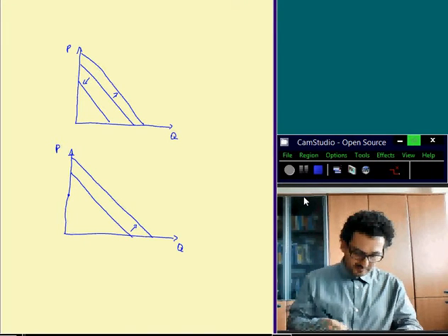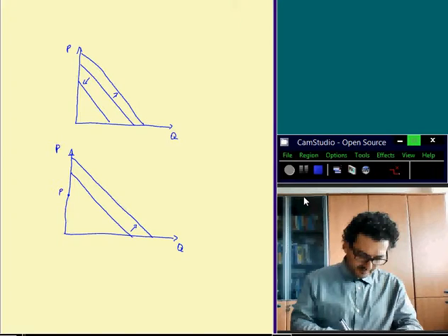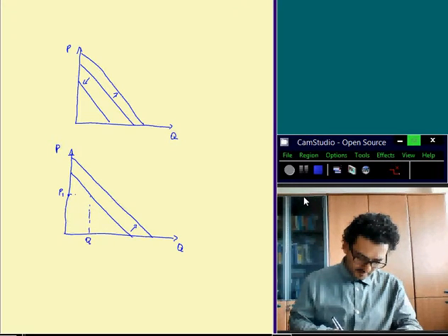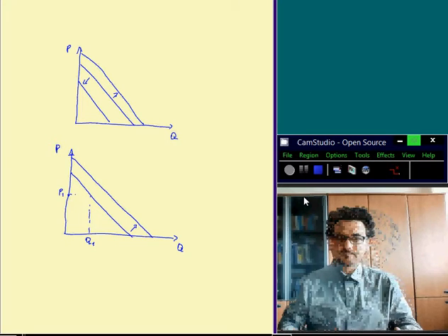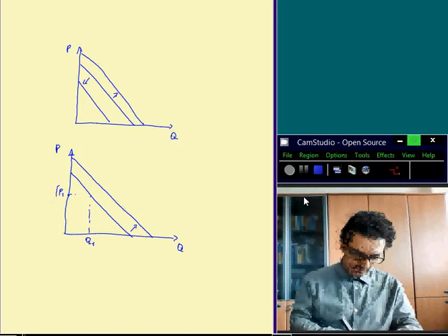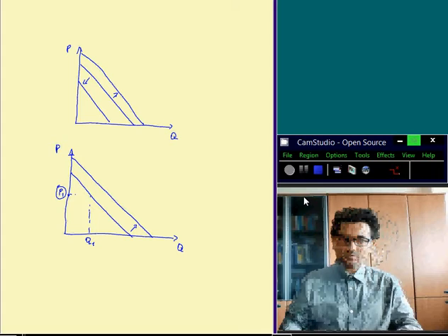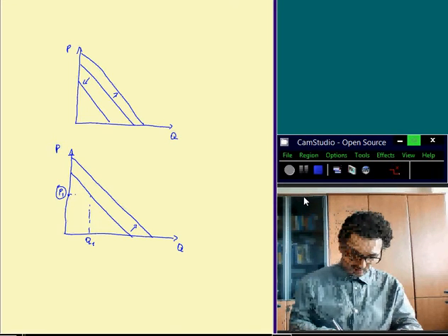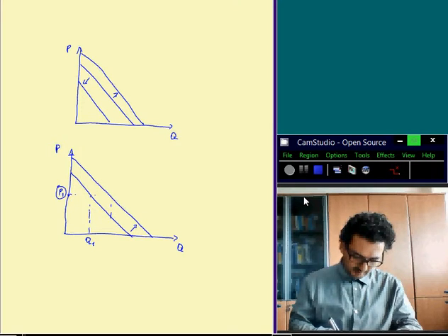If we take this level of price for coffee, in the original situation the demanded quantity was equal to Q1, but after the increase in the price of tea, at this same level of price for coffee, the demanded quantity will be higher and will be equal to a different value, which is Q2.